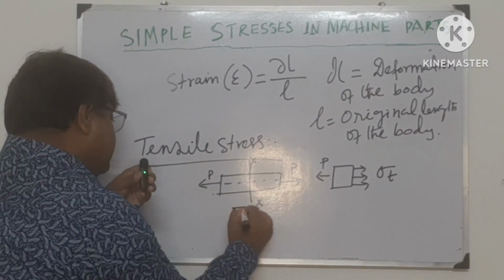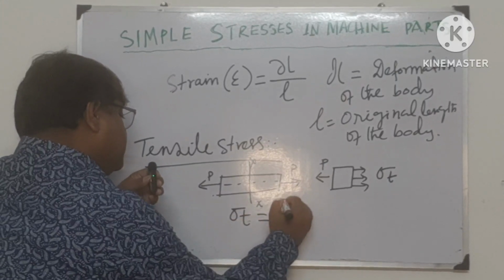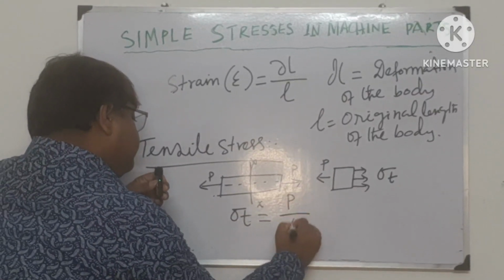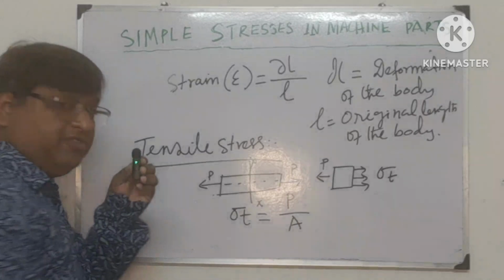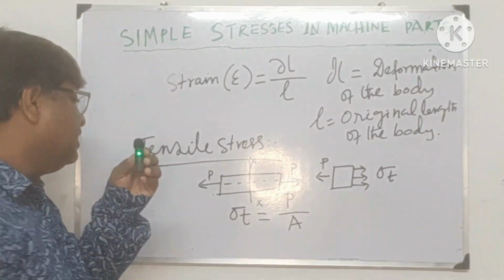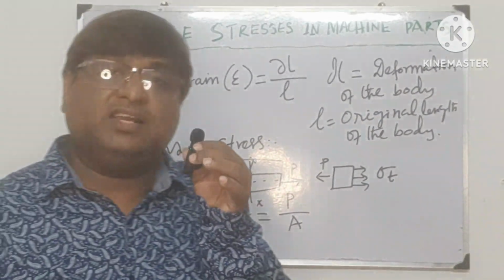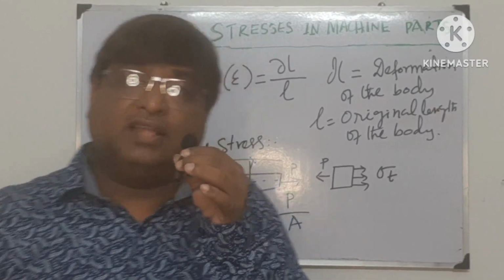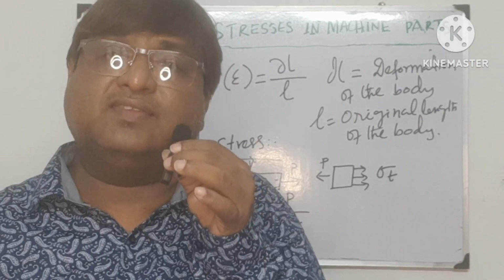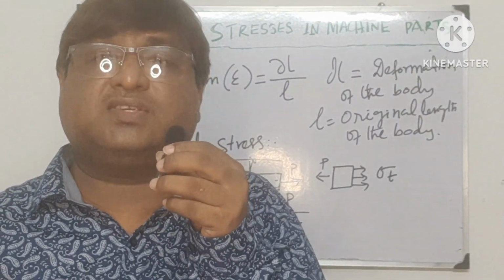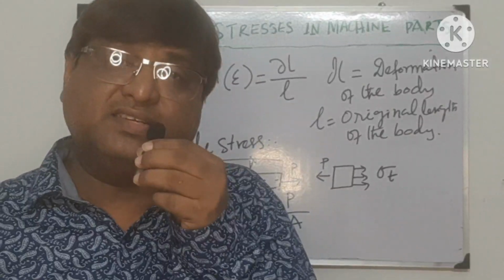So tensile stress is a ratio of P by A, that is reactive force per unit area. When the tensile force acts, the length of the body is increased and the cross sectional area of the body is decreased.